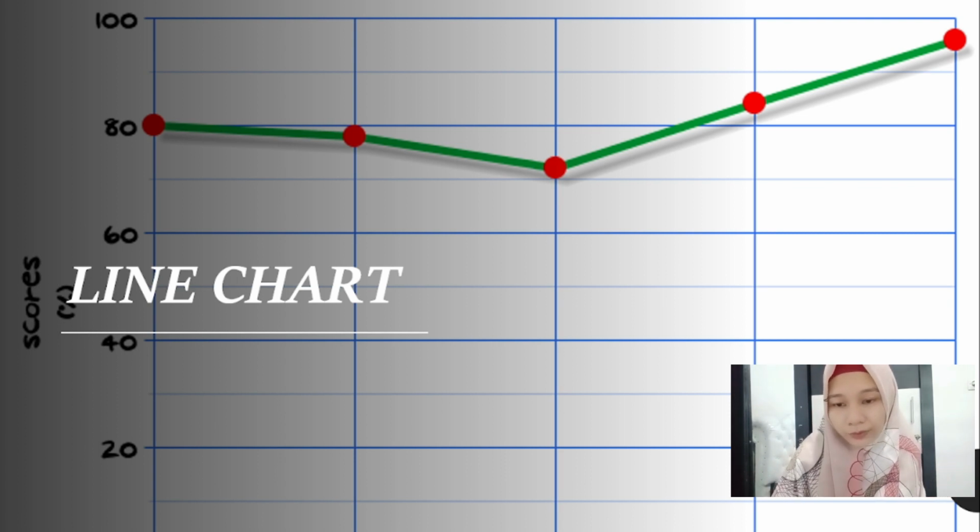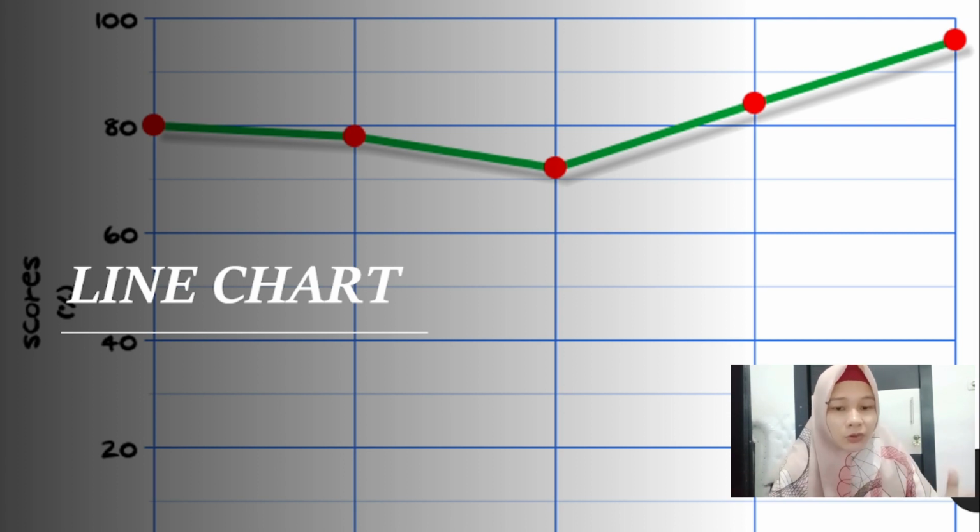You may see that on the horizontal and vertical axes, I'm sorry, on the bottom there is no information about how many numbers or what kind of data it shows. This is only a picture just to make you realize and know about this line chart. I think this is very clear, right?